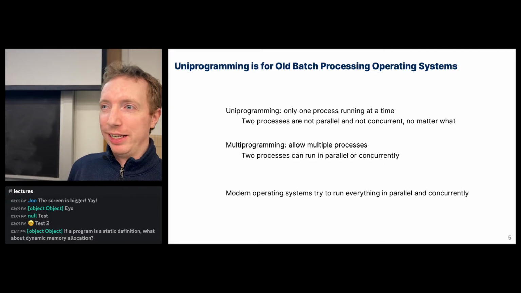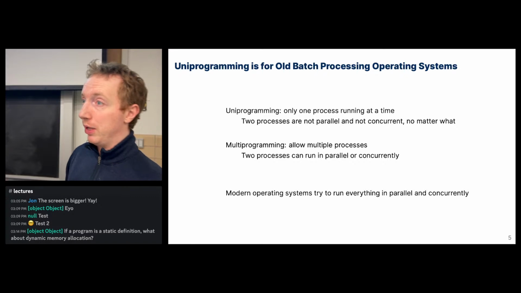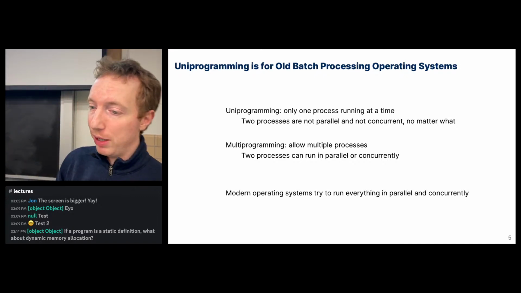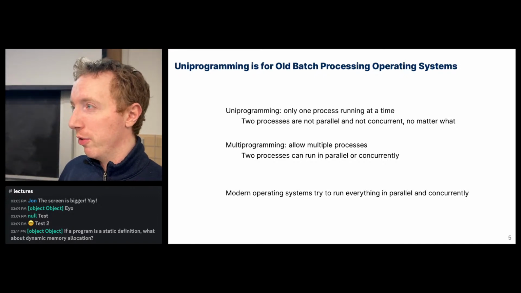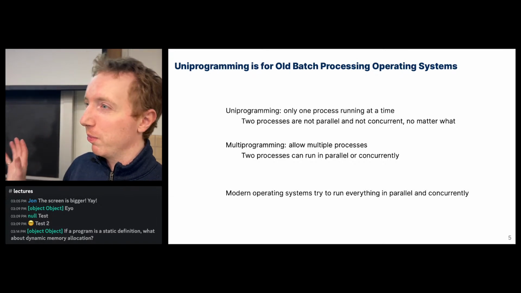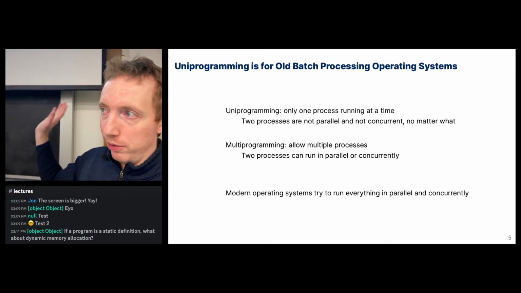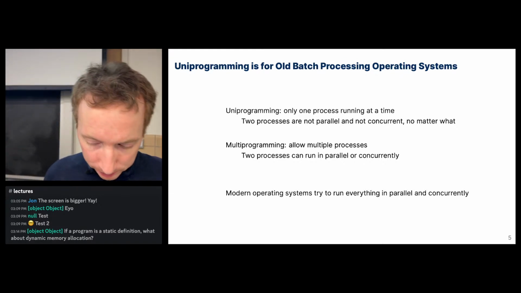So you don't even need that abstraction. They just have the CPU until they're done. So you can't do 2 processes in parallel or concurrently, no matter what. And don't worry if you don't know exactly what those 2 terms mean, because they sound like the same thing. We'll get into what those mean later in the course as well.